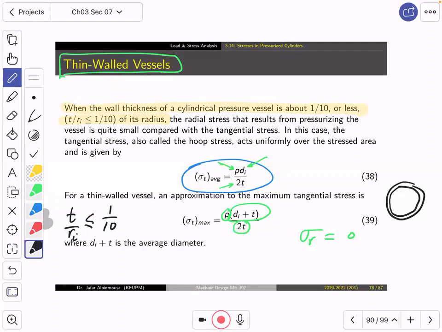So when we give you a problem, the first thing you do is take the thickness and divide it by the radius and see whether the number is less than 1/10, which is 0.1, or bigger. If it is less or equal, you consider this a thin-walled cylinder. If it is bigger, you consider this a thick-walled cylinder.